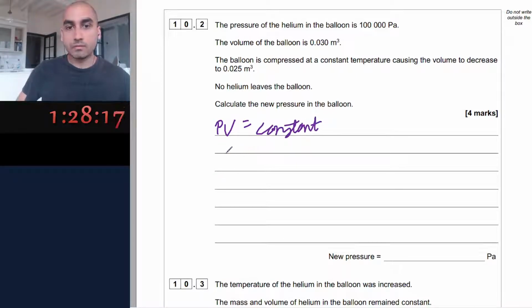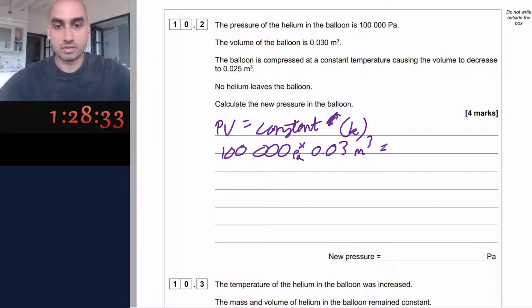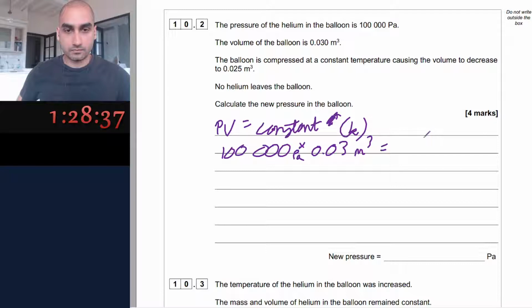So we've got 100,000, let's call it K, times 0.03 meters cubed equals 100,000. It's 3,000. So K equals 3,000.